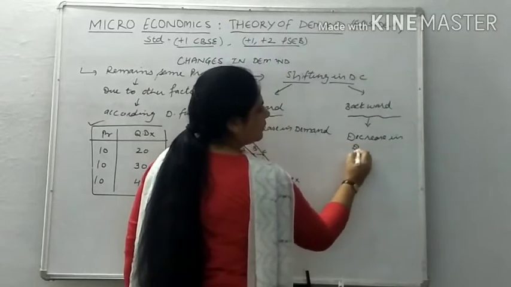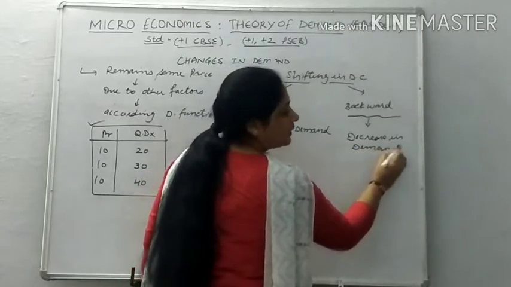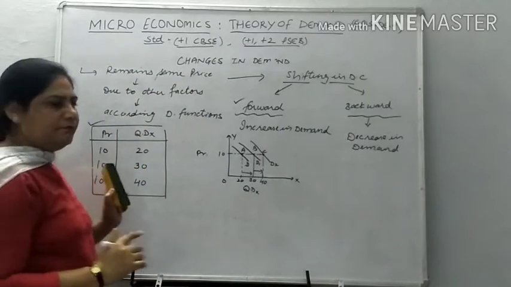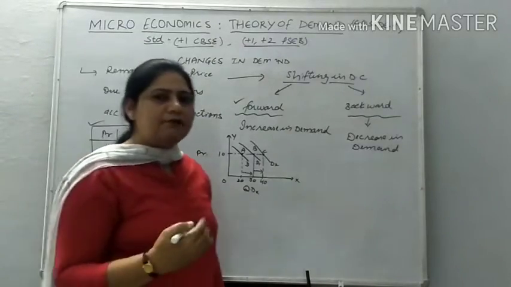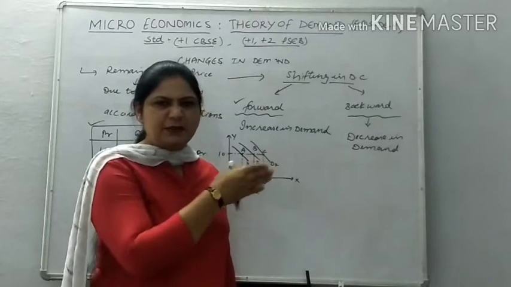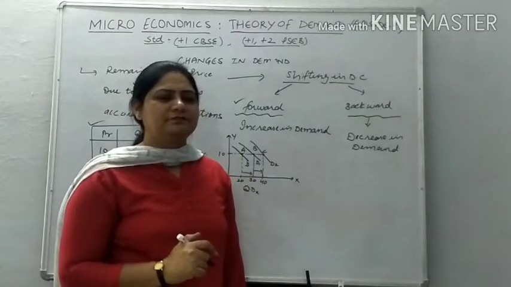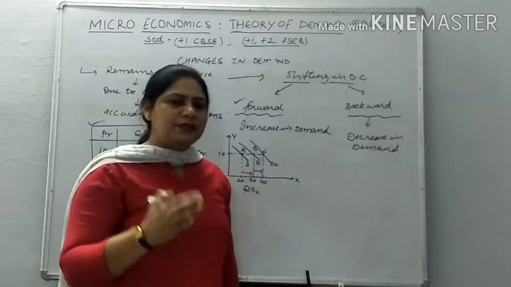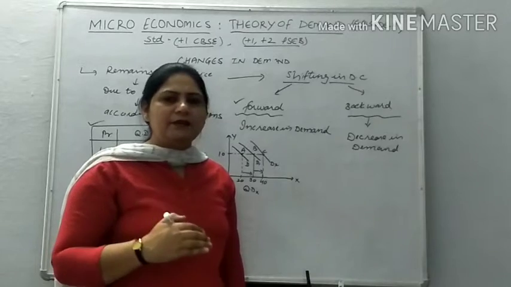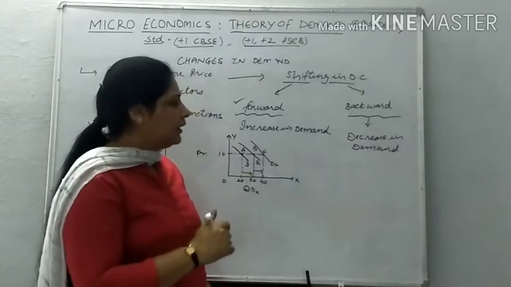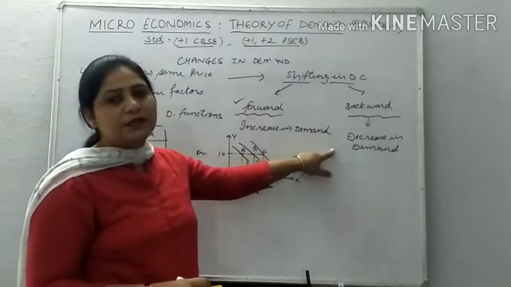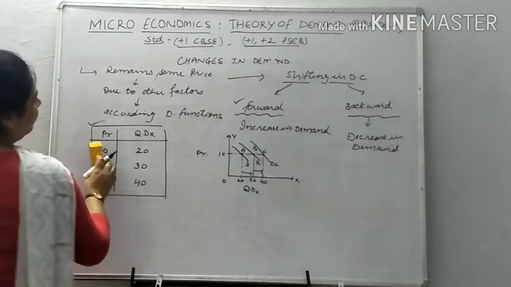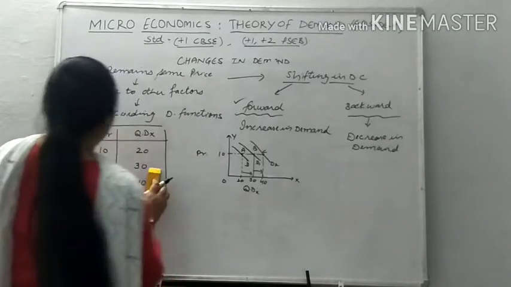Decrease in demand, again by the same effect: price will be same, but if there are other unfavorable factors that can affect consumers' demand, then consumer demand will decrease at the same price. Now I will take the same example here.